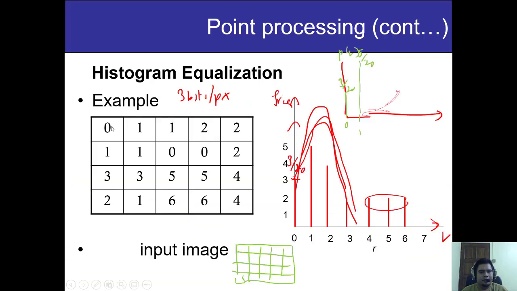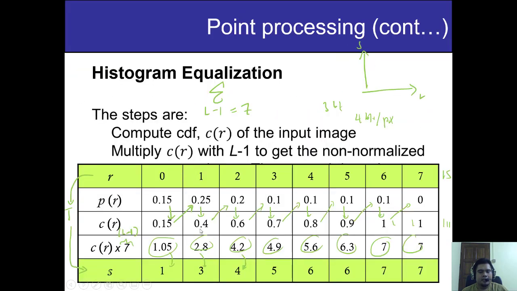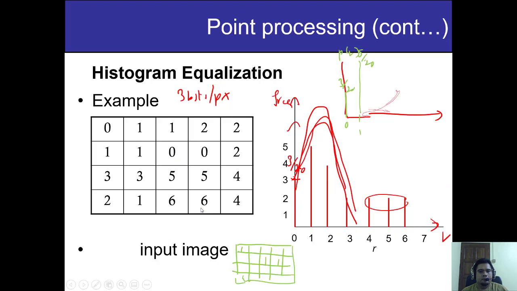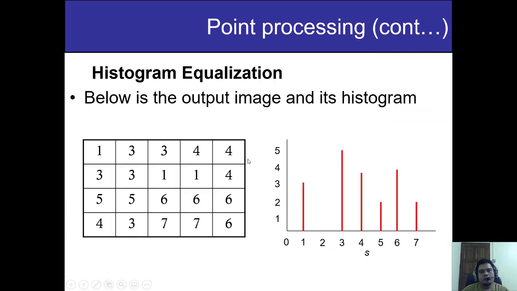So any 0 here must change into 1. So you must put 1 there, 1 1. Any R equal to 1 will become 3. So any ones there, you have 1 1 1 1, it becomes 3 3 3 3. You repeat this process, and this is what you get as the output image.